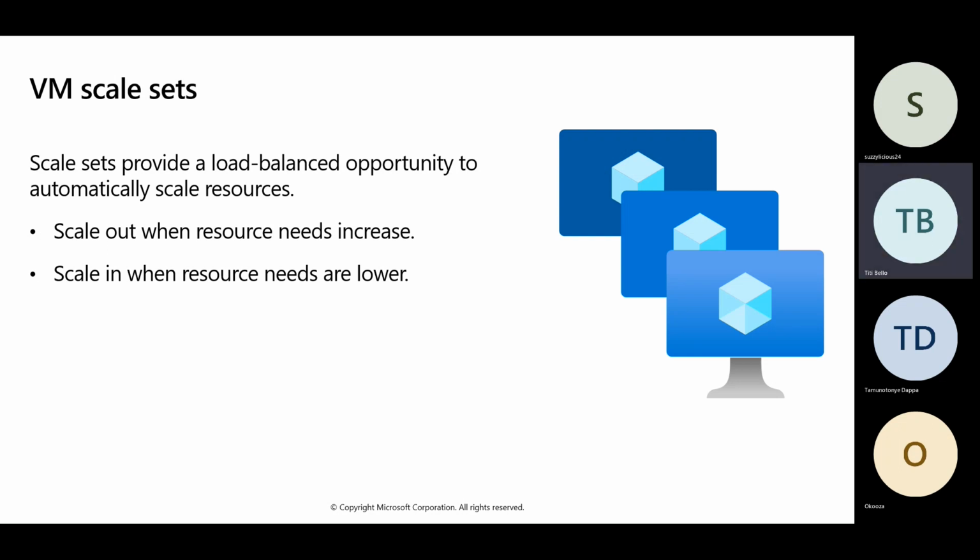So with the VM scale set, you can build large scale services for areas like compute, big data, and container workloads. So that's majorly what a VM scale set is.